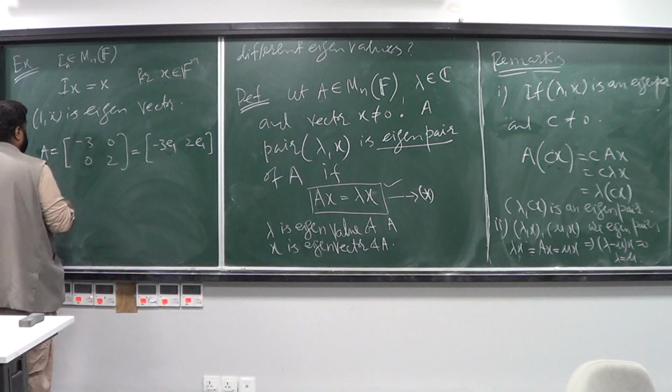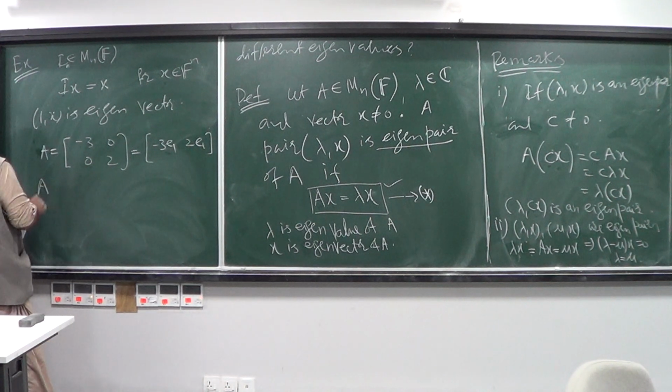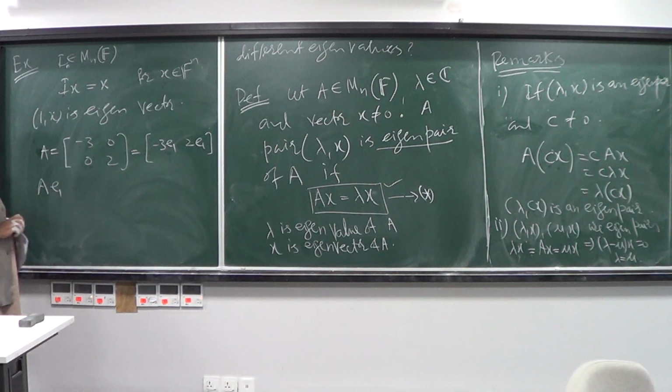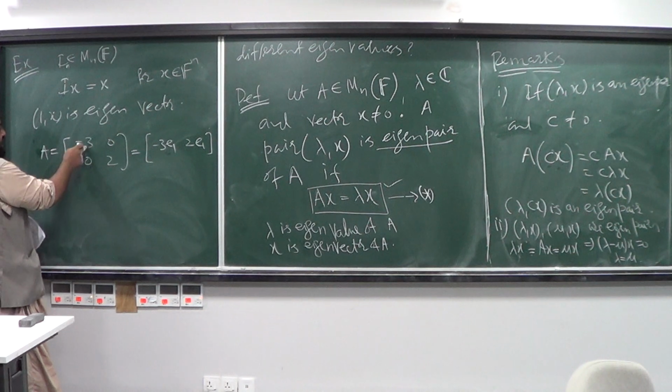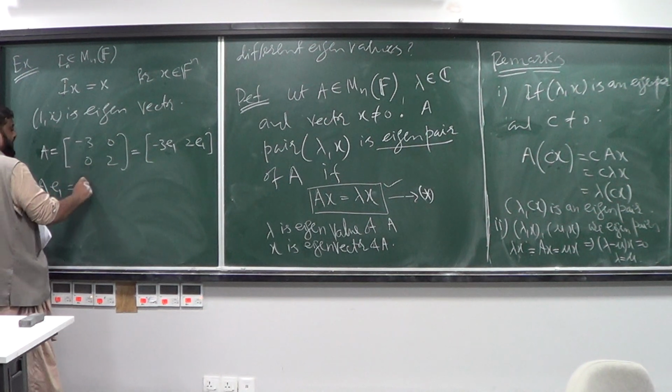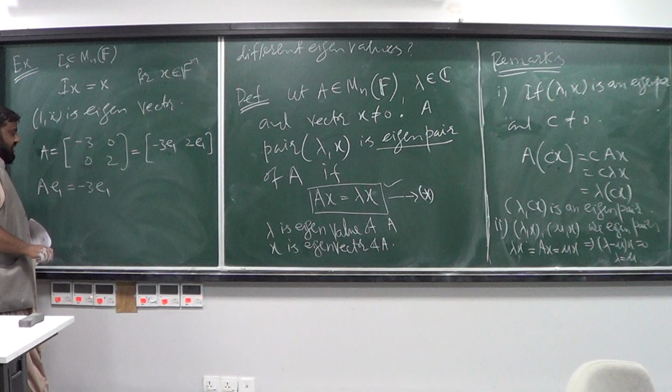So hence you can deduce from here that if you take the matrix A and multiply it with E1, in other words, multiply this matrix with (1, 0), you're going to get -3E1.